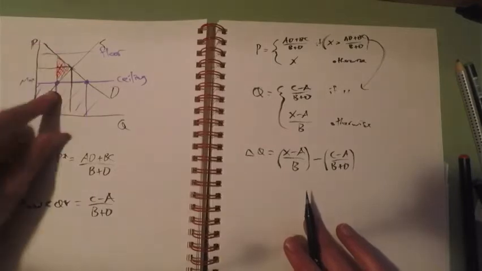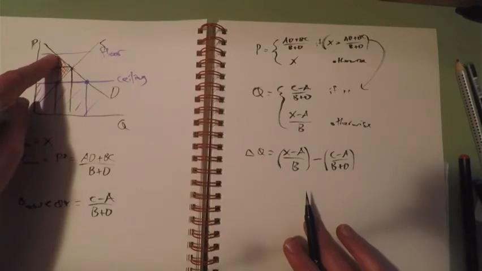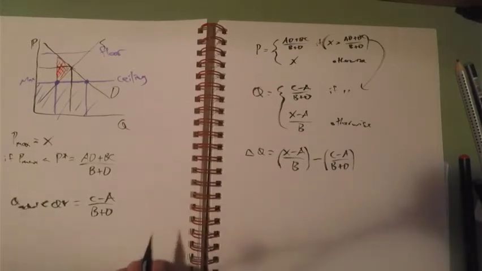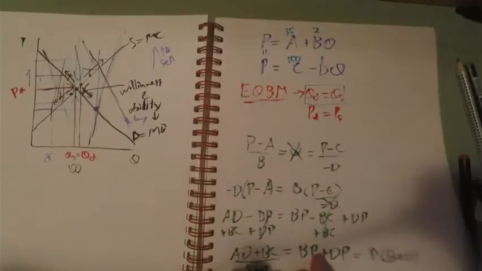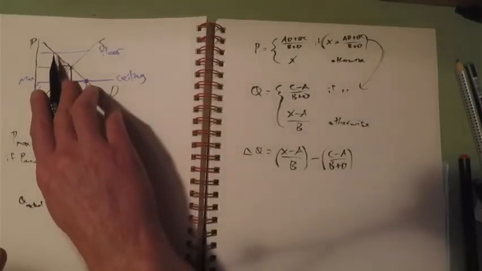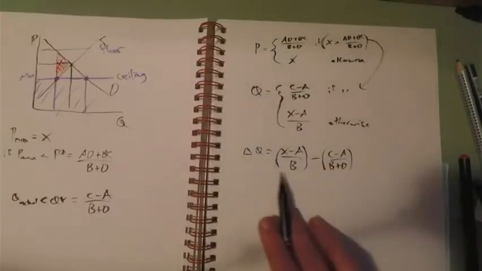Getting these points, well, we've already got this. That's just going to be X, but how far do we get? Essentially what we want is to pull from the demand curve. We're going to plug in Q. Our demand curve, A plus BQ. So we want to find the price corresponding with the quantity that we're getting here.